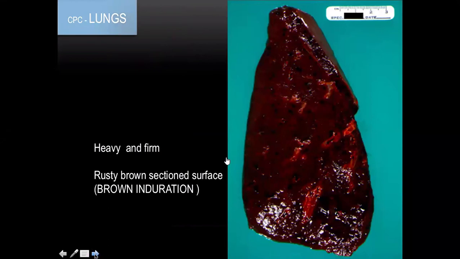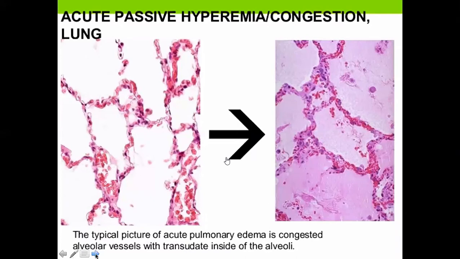Okay. Again, to give you a normal histology of the lungs, ganyan ang itsura dapat. Walang laman, then okay ang mga alveoli. How about if there is congestion? Look at the blood vessels in the alveoli, in the linings of the alveoli. The typical picture of acute pulmonary edema is congested alveolar vessels with transudate inside the alveoli.